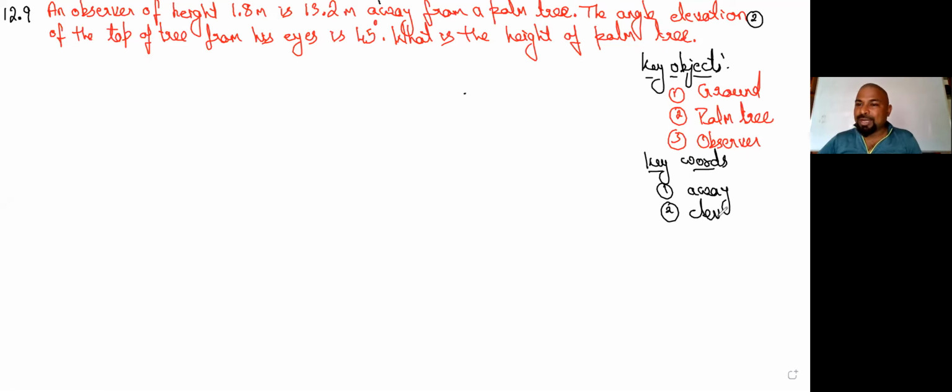By seeing the word away, we have to assume that from the foot of the tree, he walked away. The distance between the palm tree and the person is whatever he has given.